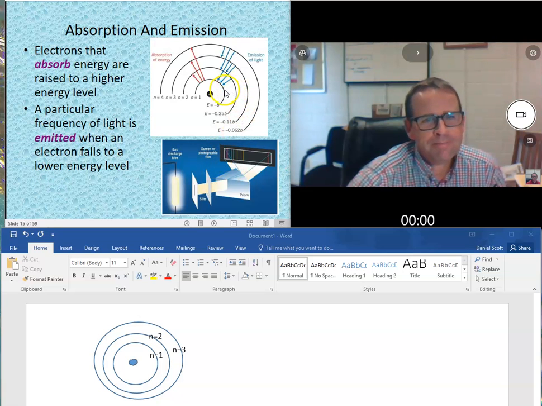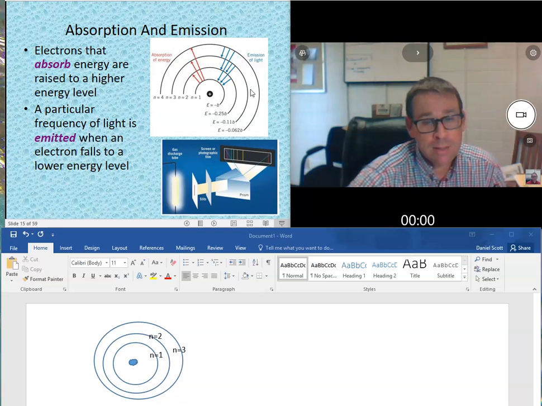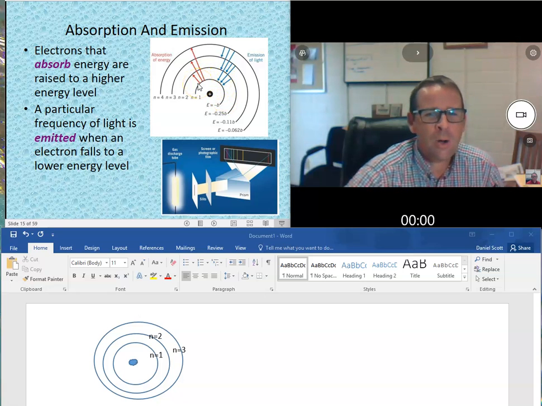Okay, a little bit of review here. We have different orbitals in which electrons can reside. They are quantized, meaning an electron doesn't reside in regions in between these orbitals, right? Again, we're also seeing how our model is falling apart, because this isn't what the electron looks like.